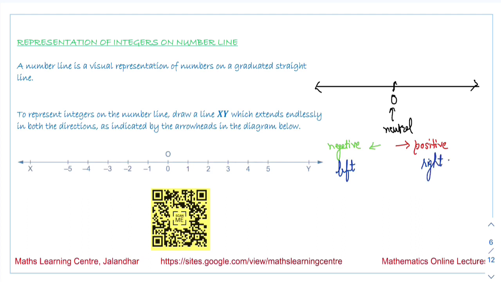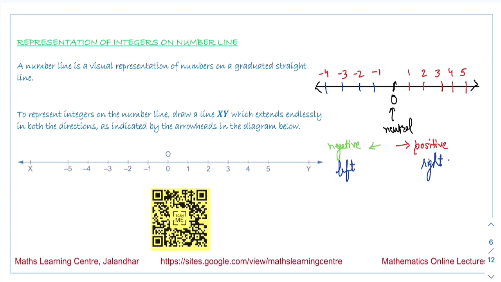And how we are going to mark those points is, we are going to mark the points at an equal distance over here. And how we are going to name these points? This is 1, 2, 3, 4, 5, and this line is an infinite line. And on the left hand side we are marking -1, -2, -3, -4, and so on.